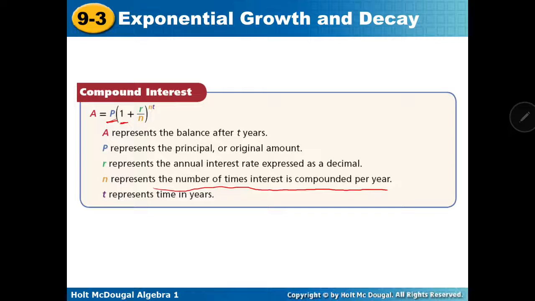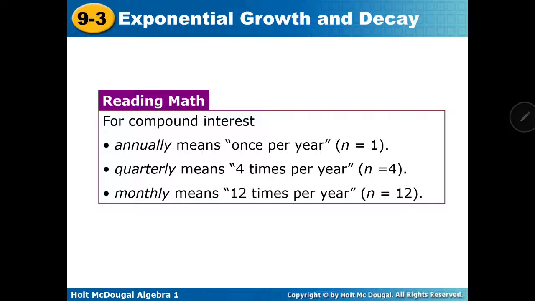So how many times does the company count the benefits in the year? This is the n. The n means the number of times interest is compounded per year. And the t, of course, is the number of years.